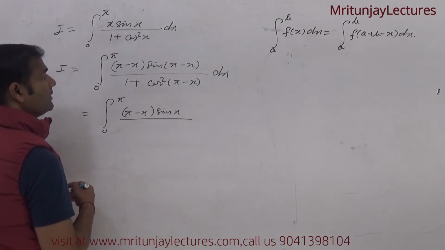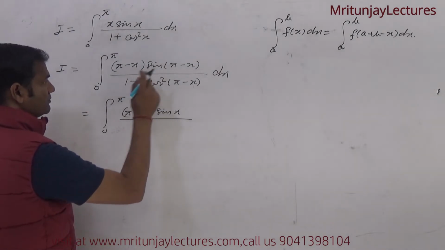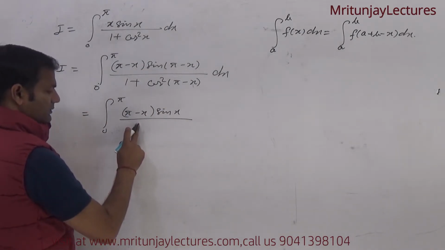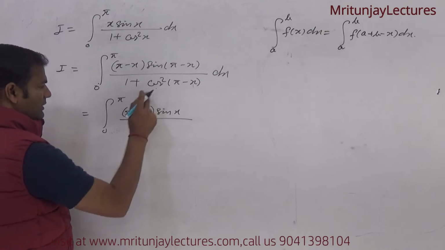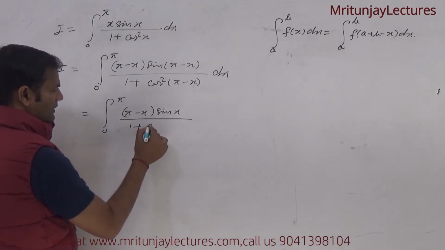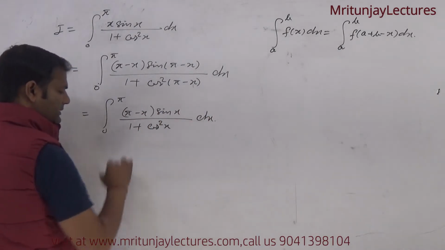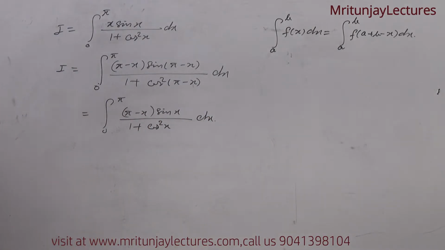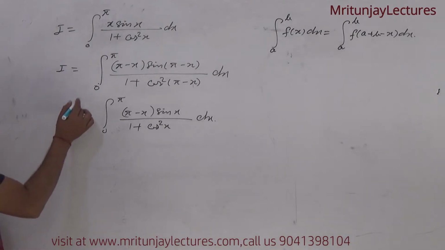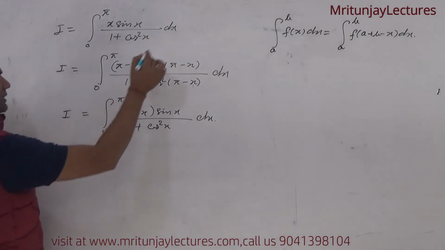The next one, 1 plus cos square, is the same.